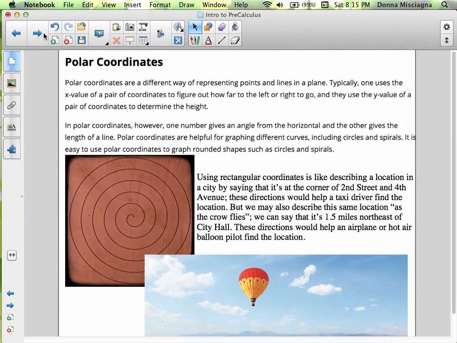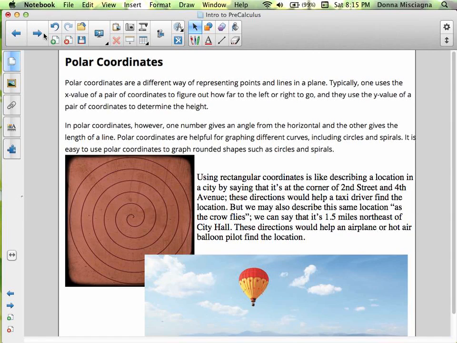In polar coordinates, however, one number gives an angle from the horizontal, and the other gives the length of a line. Polar coordinates are helpful for graphing different curves, including circles and spirals, like the one shown at the left here. It's easy to use polar coordinates to graph rounded shapes, such as circles and spirals.